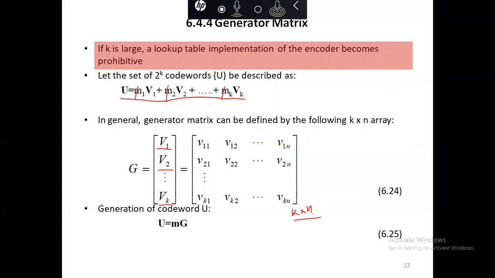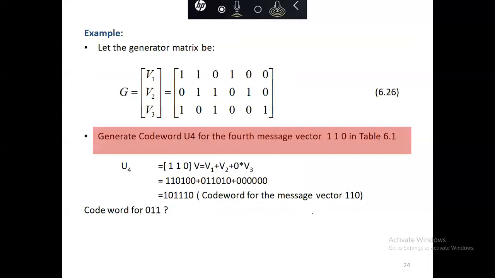So how do we do it here? We use 3 code words because we have 3 message bits. So this 3-bit combination will multiply by these code words.